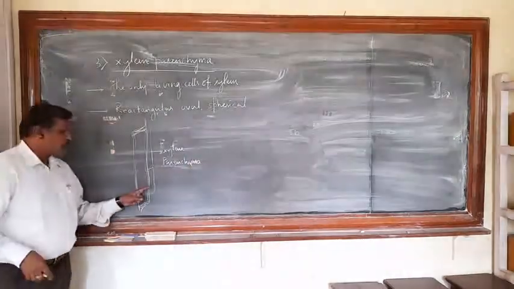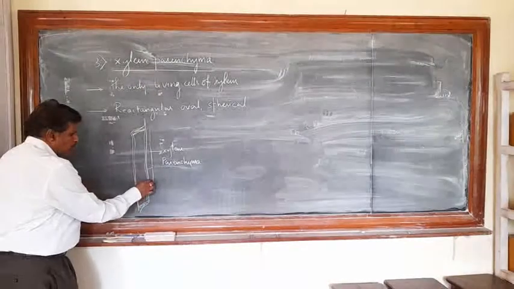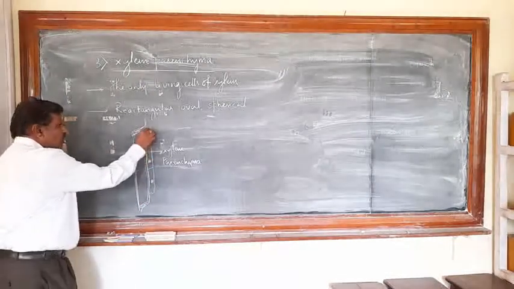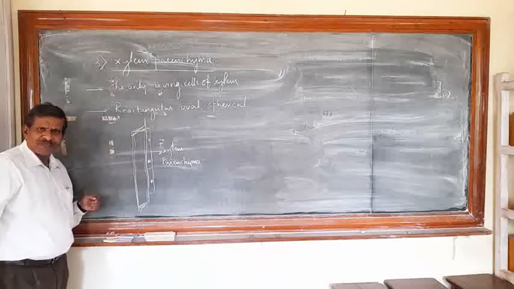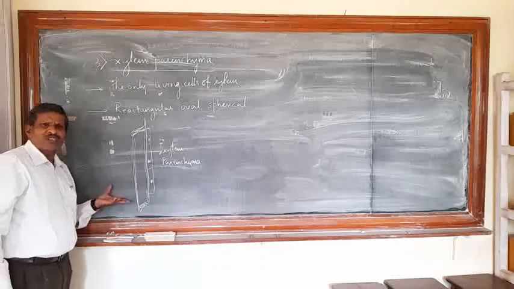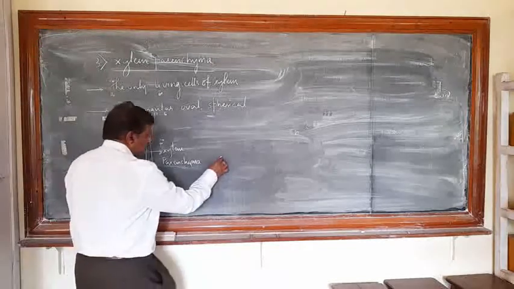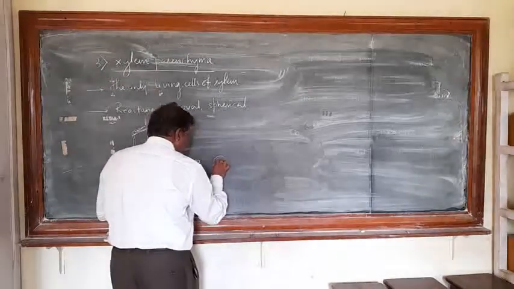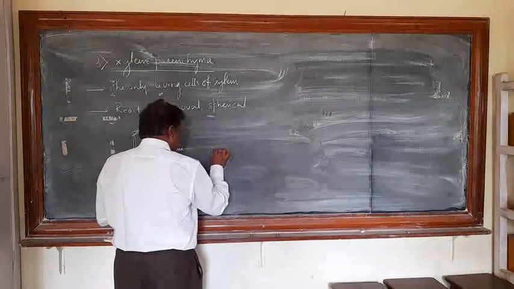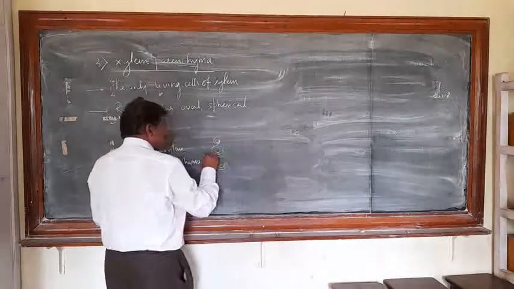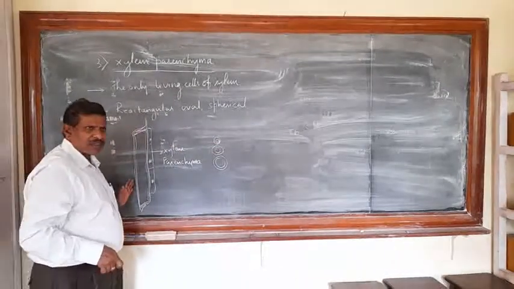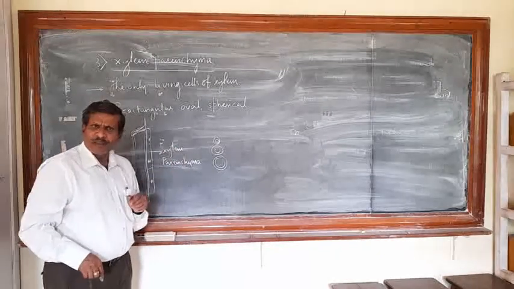Not that they are parenchyma cells only, but these parenchyma cells are associated with xylem elements such as vessels or tracheids. Suppose in the cross section, when you look into the xylem, assume that these are the cells of the xylem vessels.